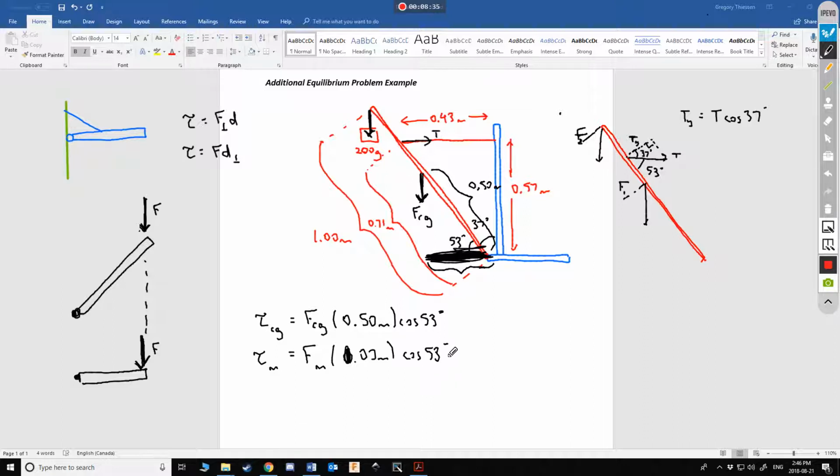And lastly, torque of the tension is just equal to tension multiplied by, and we've actually already found that perpendicular distance. That's the 0.57 meters.